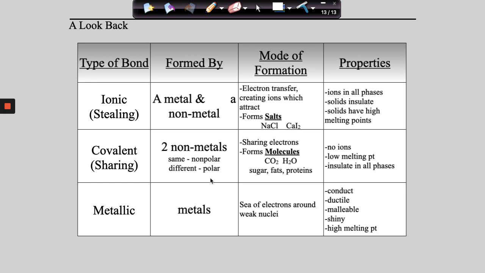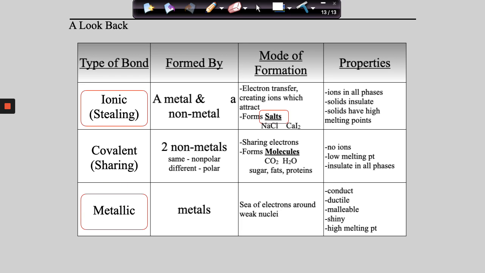Pulling this back together, in a previous day we learned about different types of bonds. We talked about ionic bonds, which involve a strong nonmetal and a weak metal getting together, and the nonmetal steals the electrons from the metal. Those create ions which then bond together to create salts.